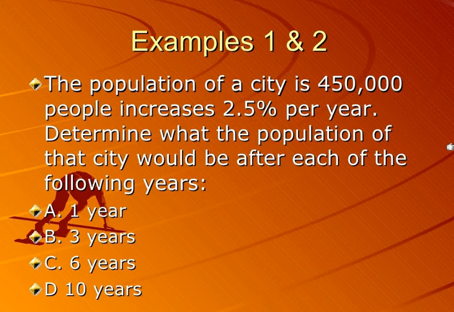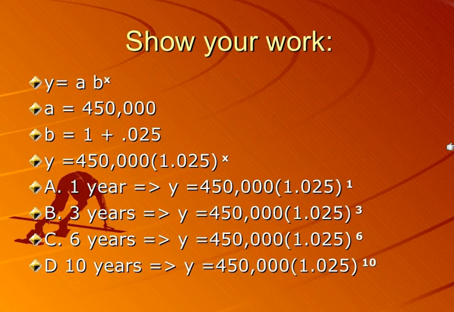So it must be in the form y equals a times b to the power x, while a is the initial amount. When we start counting, at the beginning, before year 1 and year 2, the initial population of that city was 450,000, so we write it, and then we write p. As you can see in the example, we have a rate of change, which is 2.5 percent.